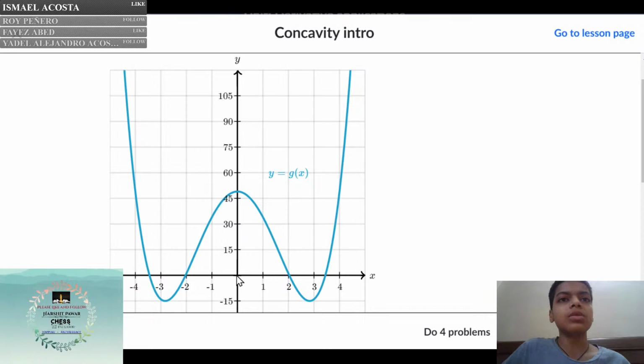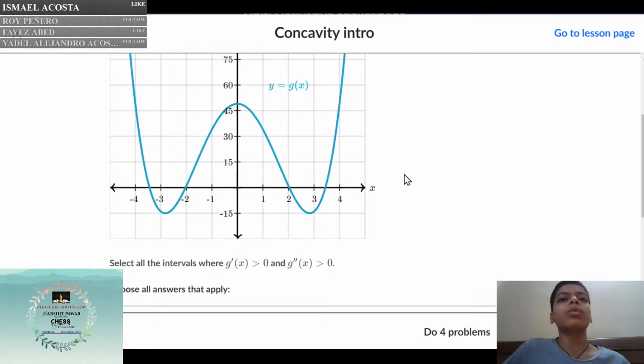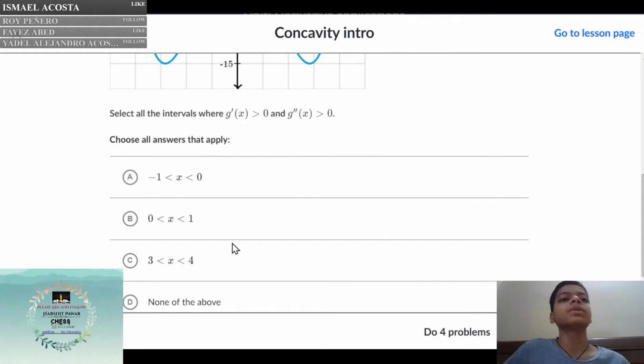Yes, from 0 to 1, our slope is decreasing. And let's see this one, 3 to 4. What are we doing? We are increasing. 3 to 4 is an answer.